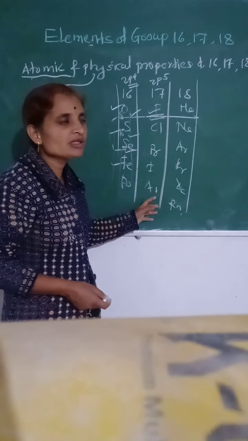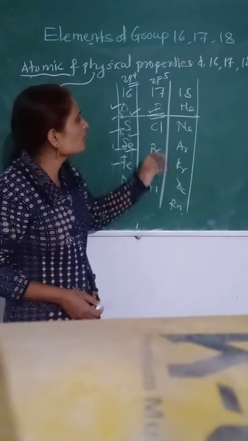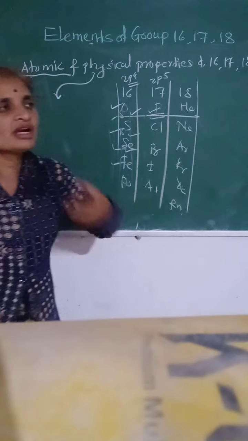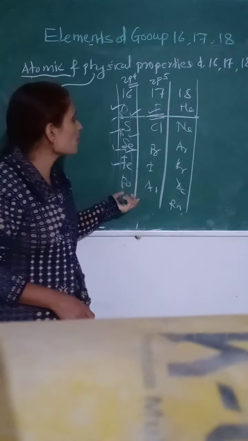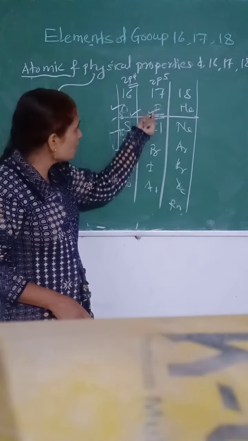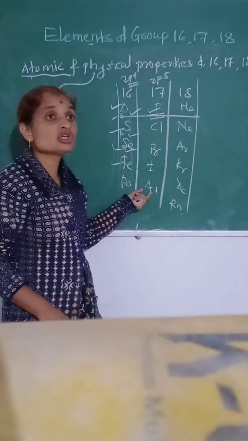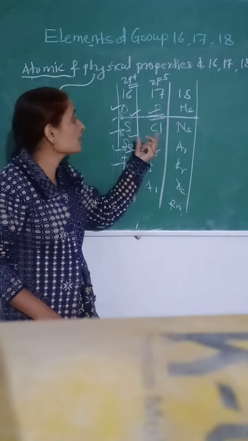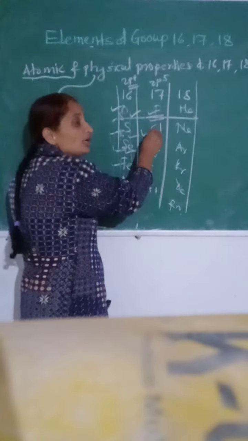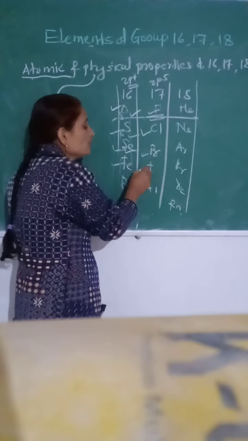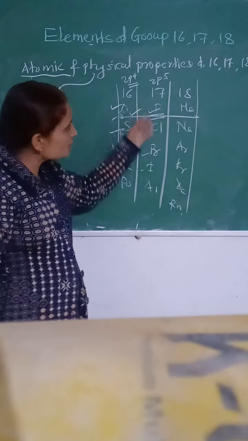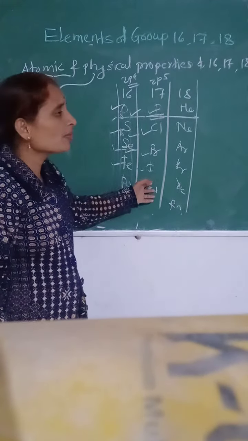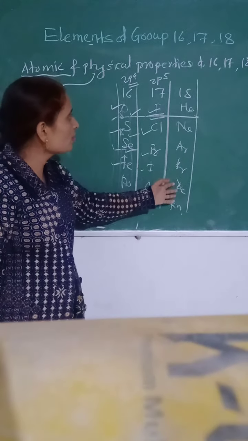That is the property of melting point and boiling point: as atomic number increases, melting point and boiling point increase. Also in group number 17, bond dissociation energy: breaking the fluorine bond, the chlorine bond, the strength of fluorine will be greater than bromine and then iodine. This is a physical property.